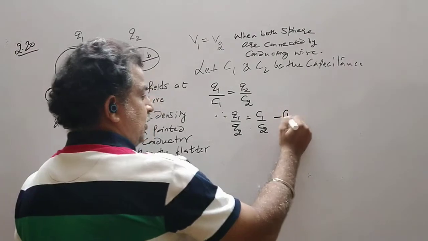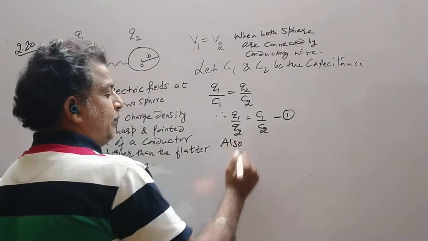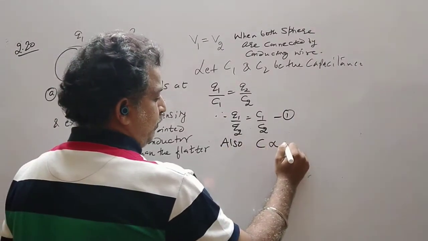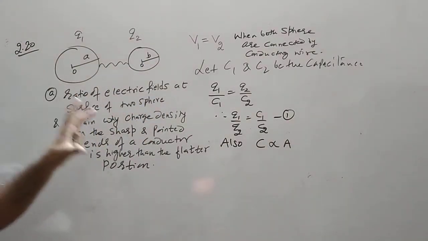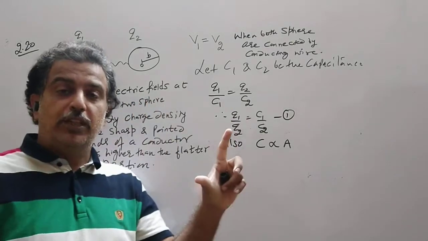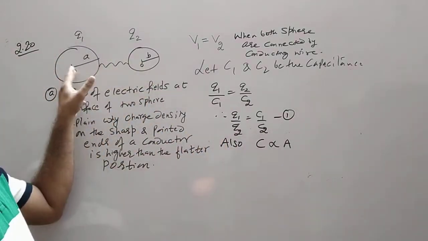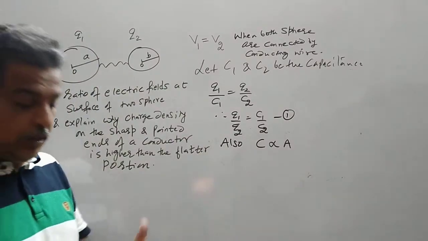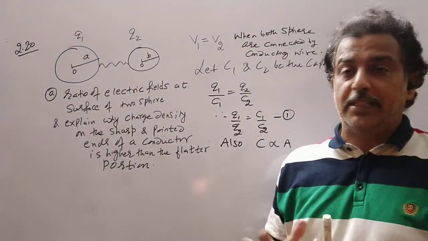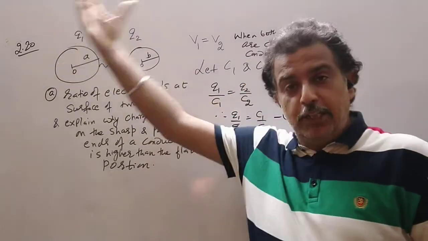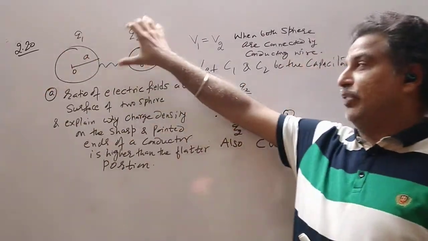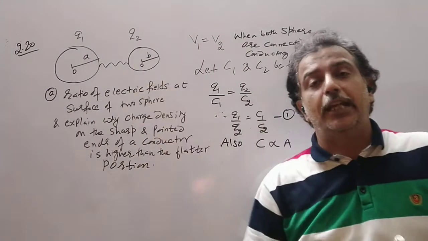This is equation 1. Also, we know that capacitance is directly proportional to the area. We are assuming each individual sphere is not forming a capacitor as a system; this sphere individually behaves like a capacitor, and this sphere also behaves individually like a capacitor.